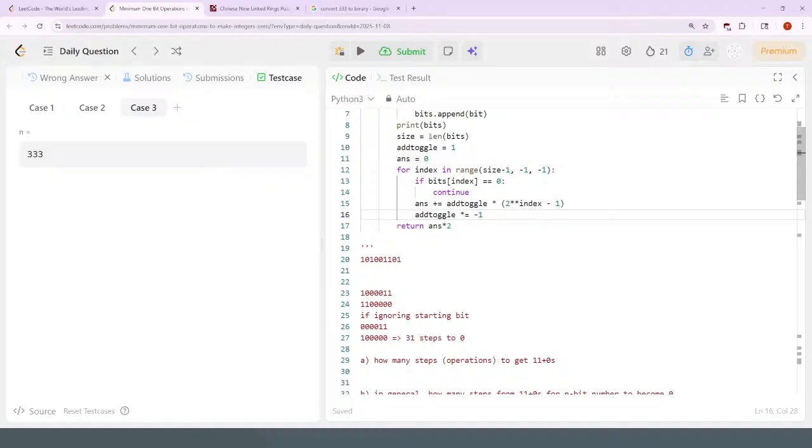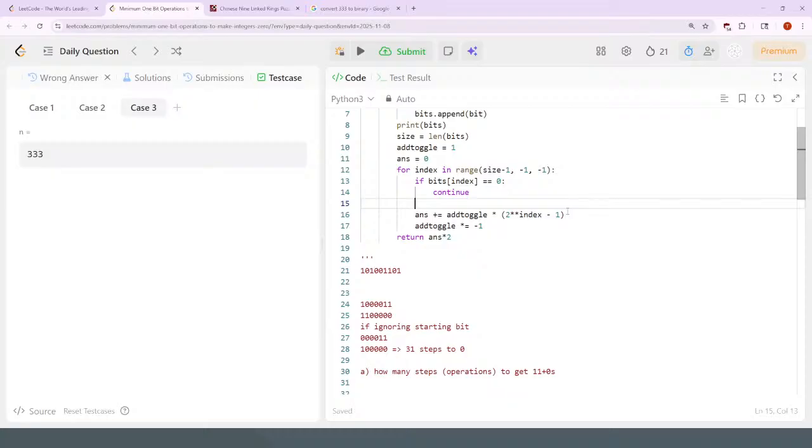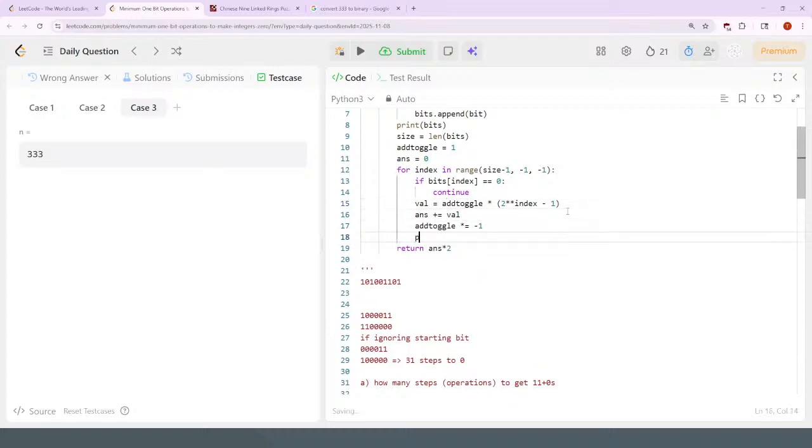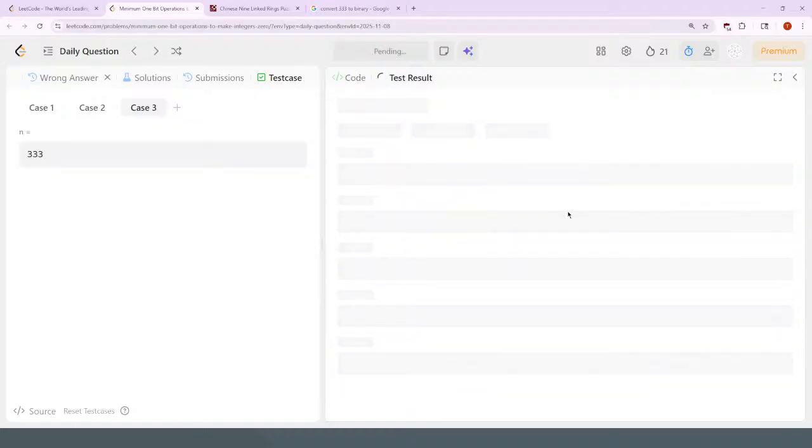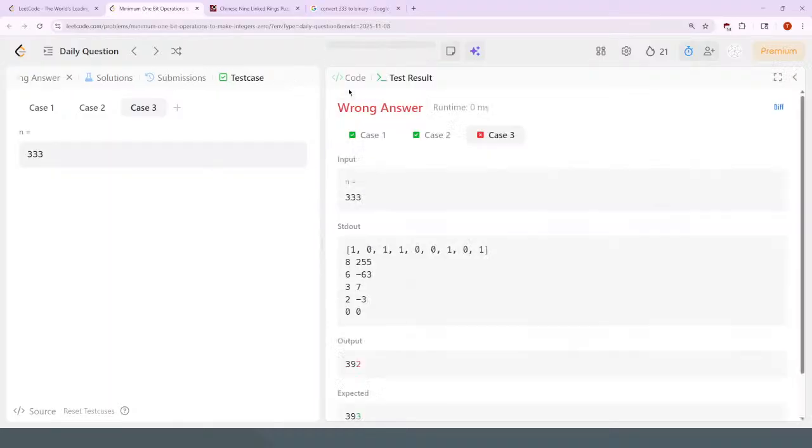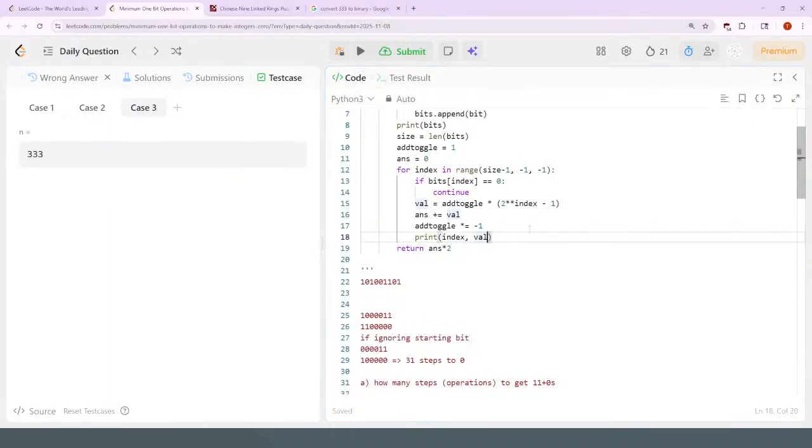Okay, let's go ahead and just dive deeper here. Let's go ahead and do this. Actually, I think I want to know the answer as it currently stands.